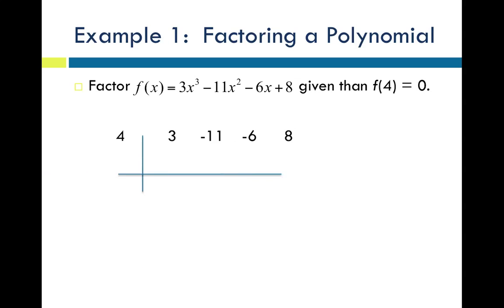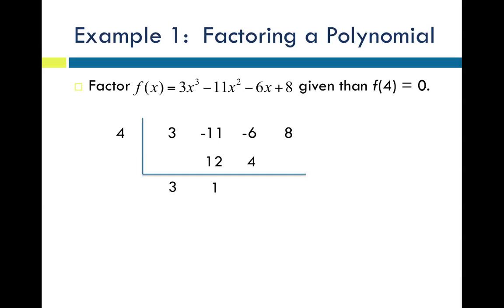Okay, so here's what that would look like. We've got our coefficients, 3, negative 11, negative 6, and 8. We have our k value out in front, that's the 4. And now we're going to do synthetic division. So there's 3 that we bring down. Multiply that by the 4, we get 12. Add that column, and we get 1.